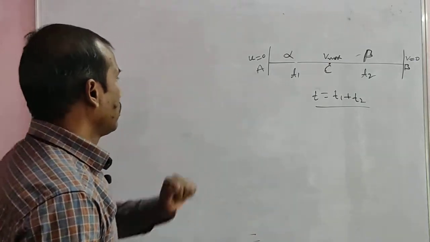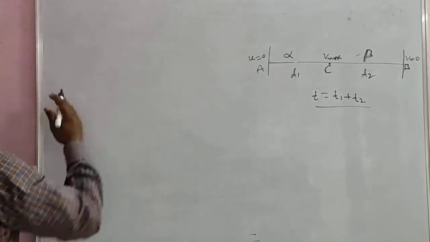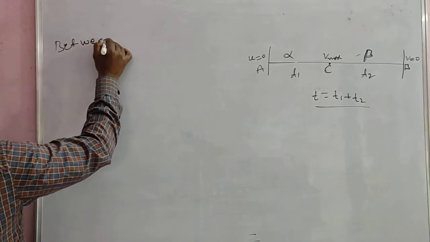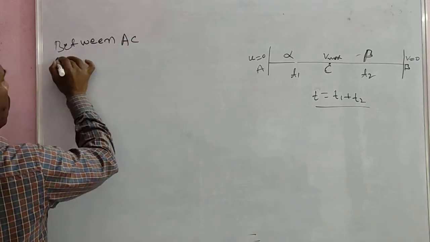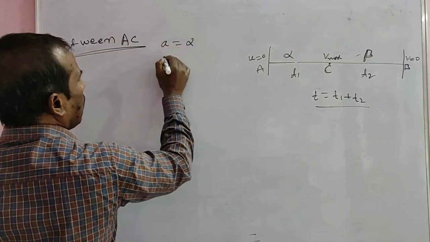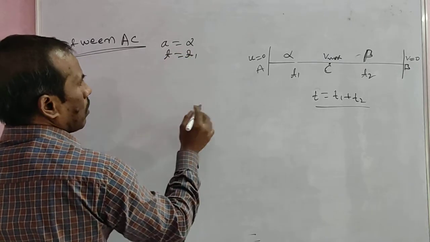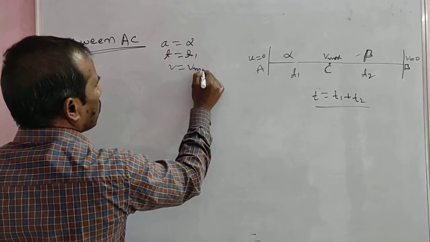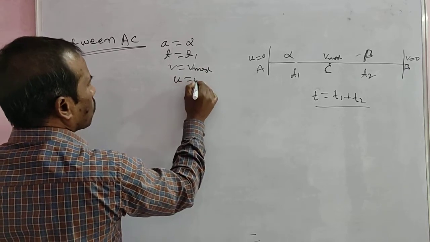Between AC, a is equal to alpha, t is equal to T1, v is equal to V maximum, u is equal to 0.